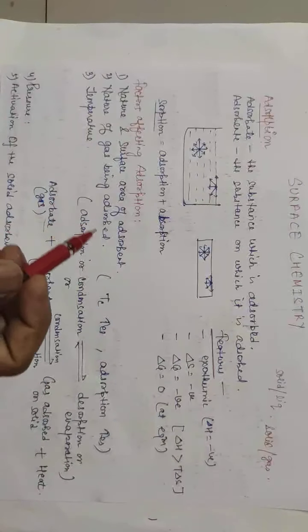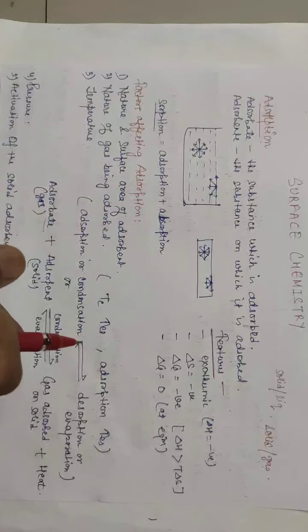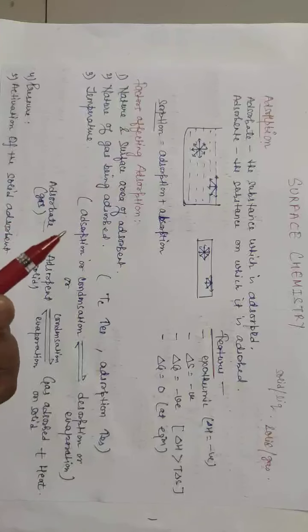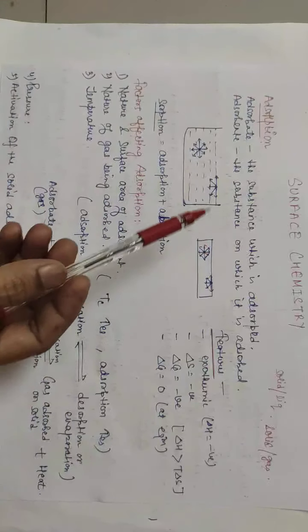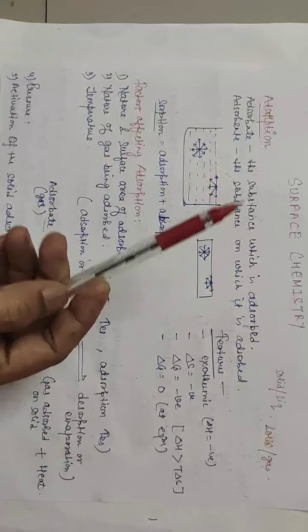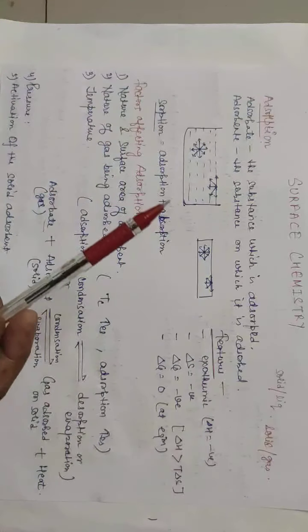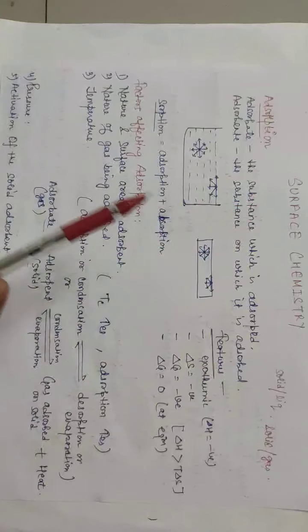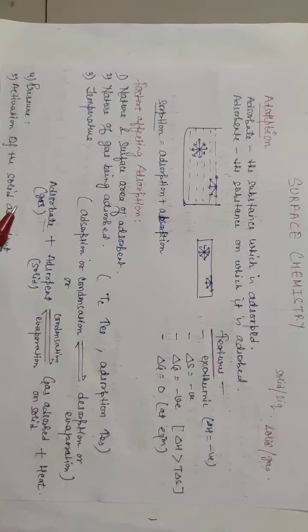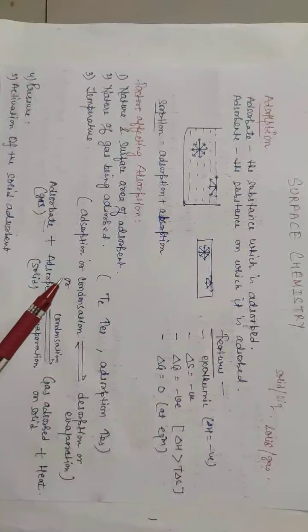This process is known as adsorption. You can define adsorption as the phenomenon of attracting and retaining the molecules of a substance on the surface of a liquid or solid, resulting in a higher concentration of molecules on the surface.